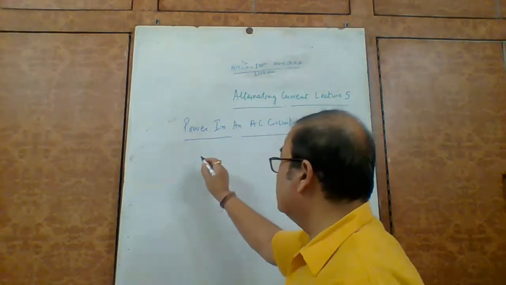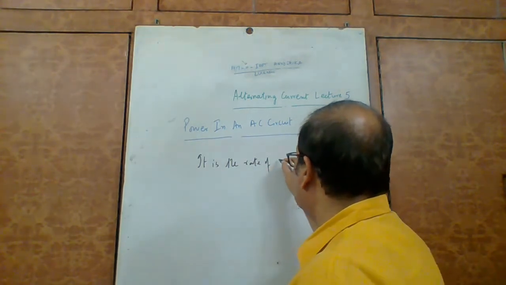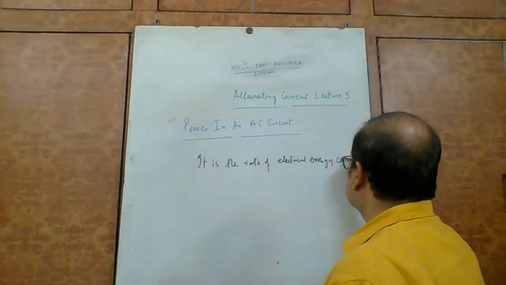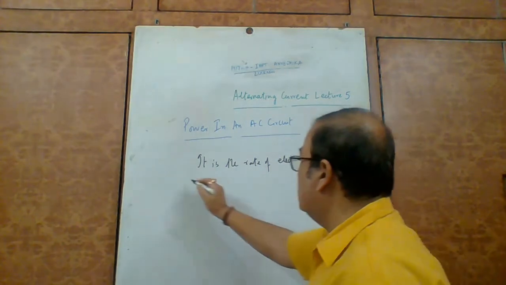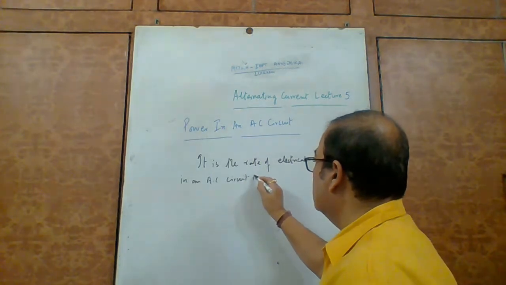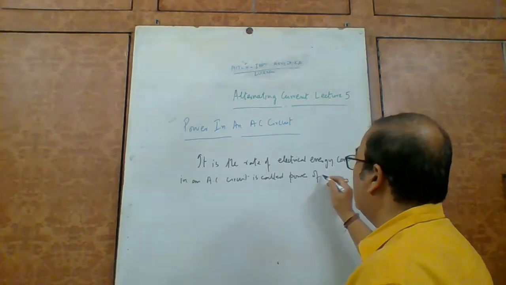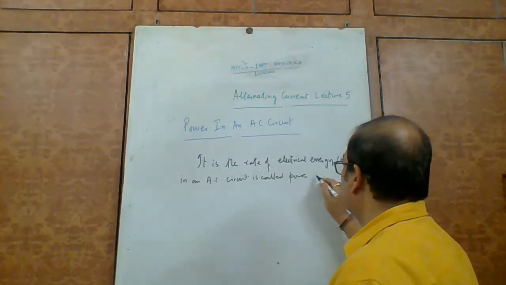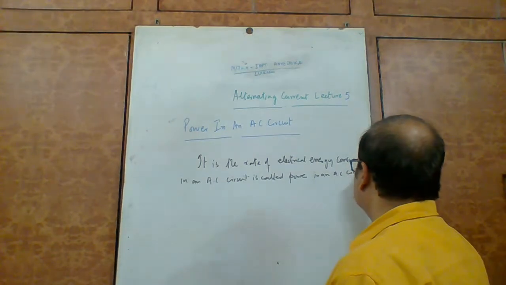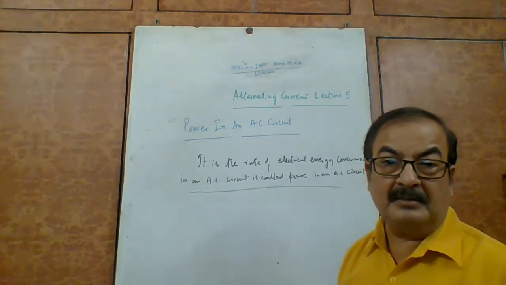The rate of electrical energy consumed in an AC circuit is called power in an AC circuit. This is the definition of power.